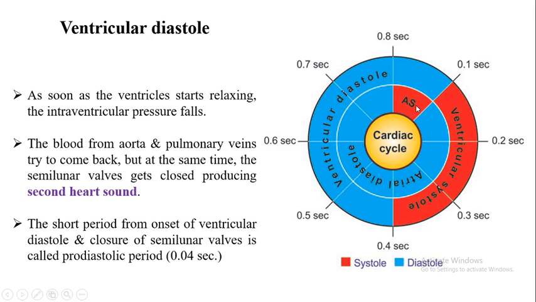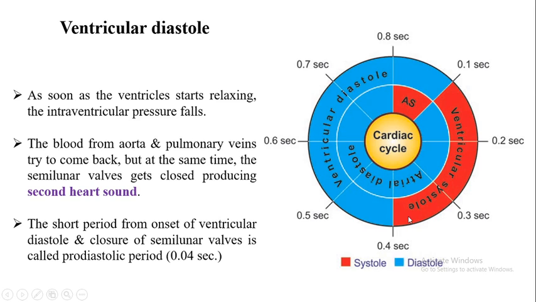After completion of auricular systole, the ventricular systole will start, and for a period of 0.4 second both auricles and ventricles are in relaxation phase. Which time is of 0.4 second? Look at this, from the end of ventricular systole, 0.1 second, 0.2 second, 0.3 second and 0.4 second.